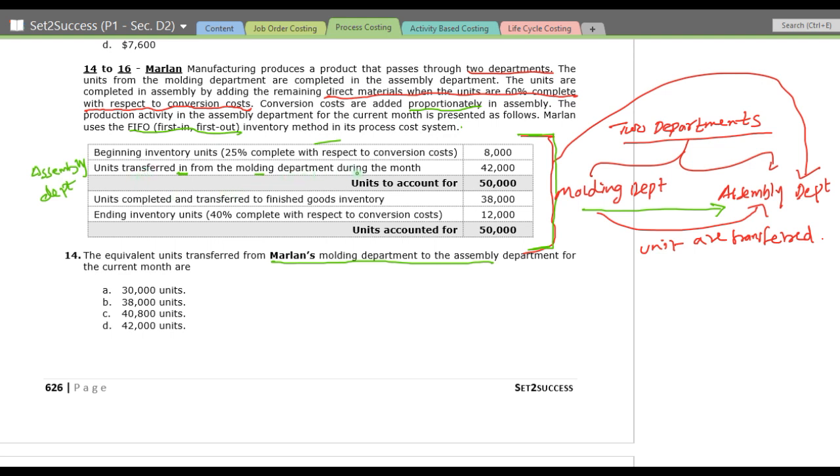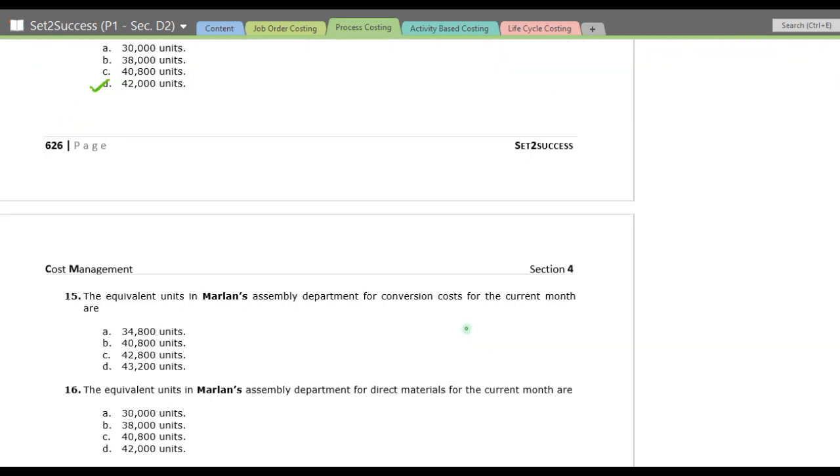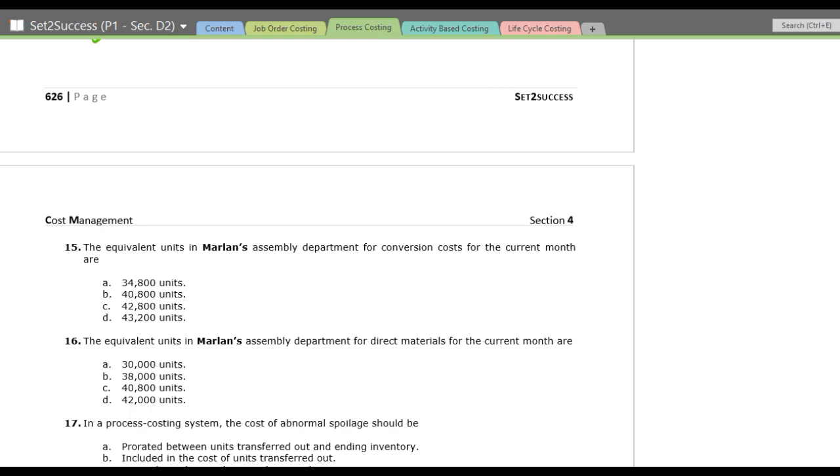During the month, the equivalent units transferred from Marlan's molding department to the assembly department is 42,000. Next they are asking for equivalent units for conversion cost and equivalent units for direct material. So let us find these two.